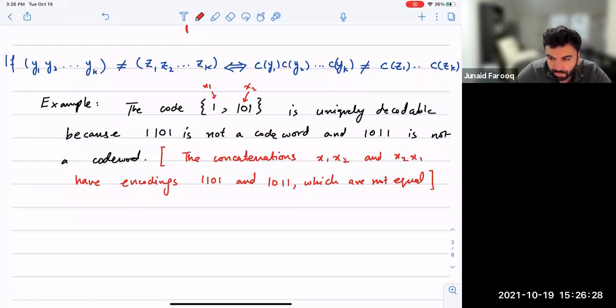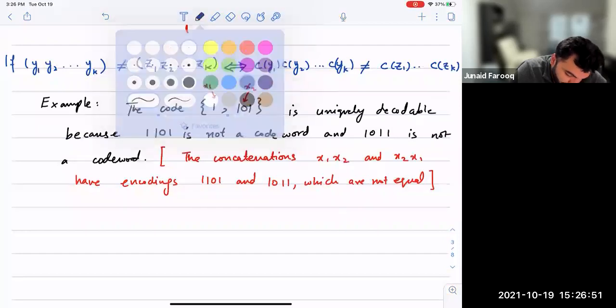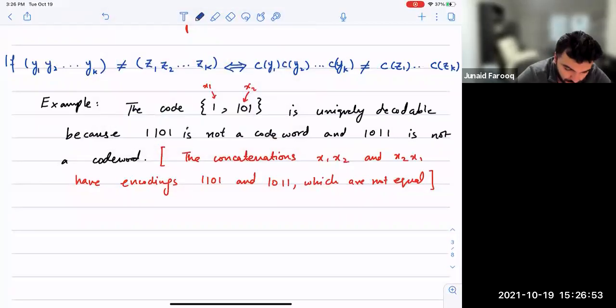Okay, but the story doesn't end here. You have to keep looking at all the combinations. I want to emphasize that it's not straightforward to see sometimes whether something is really uniquely decodable or not, because you may not know if a certain combination turns out to have the same encodings.